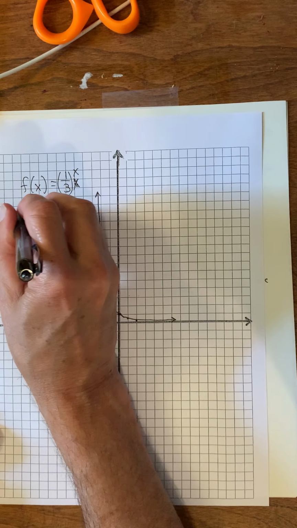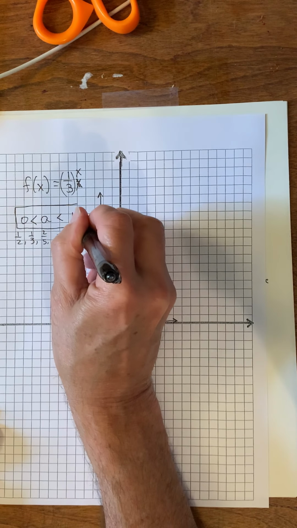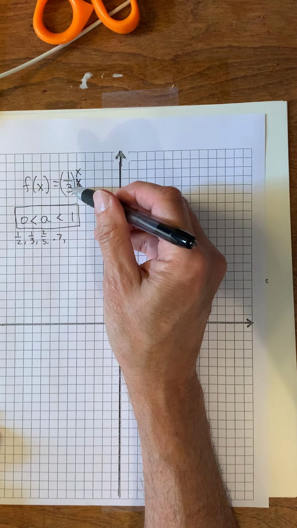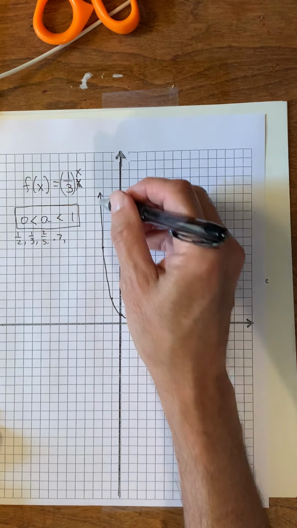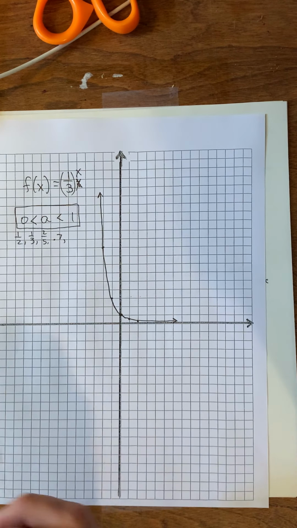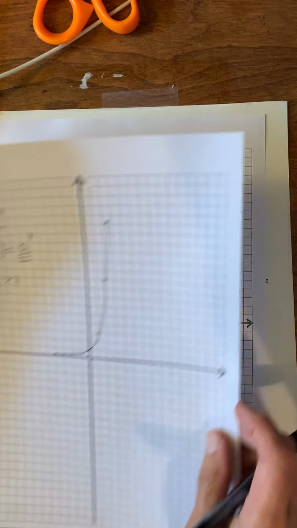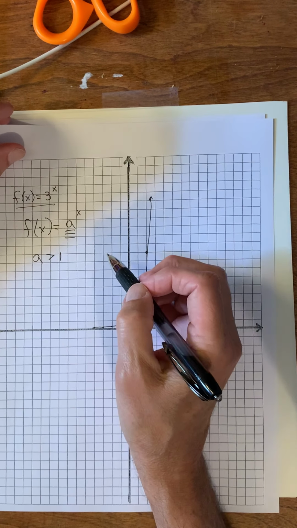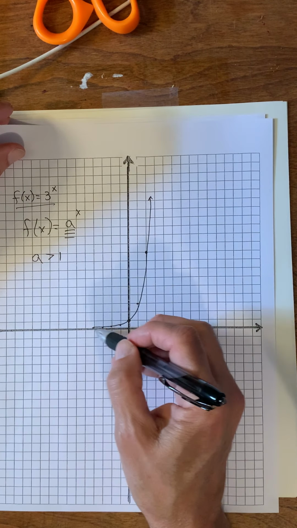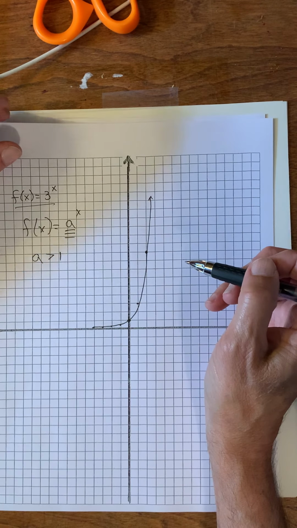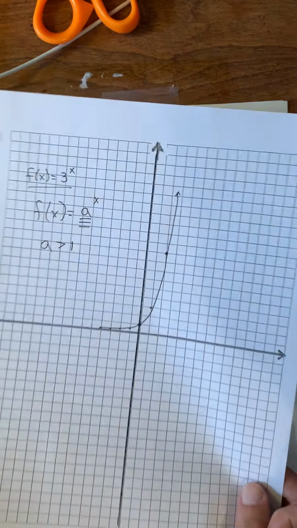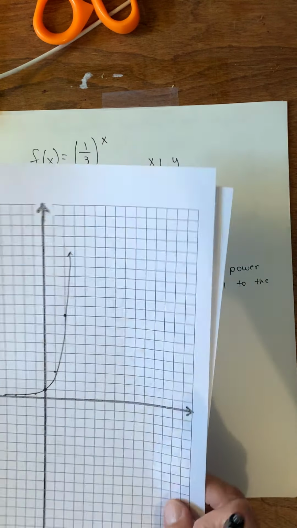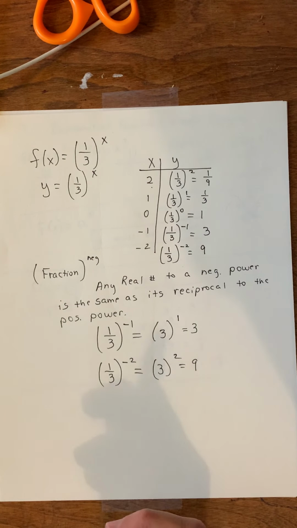So if my base, my a, is a number between 0 and 1, the exponential function will have a look like this. If my base, my a, is greater than 1, it's basically going to have a look like that. We're going to use that when we start identifying what our graphs look like on Hawks.